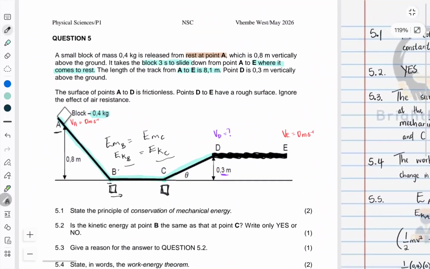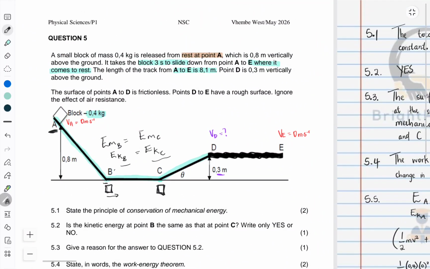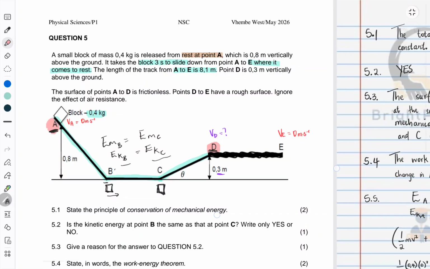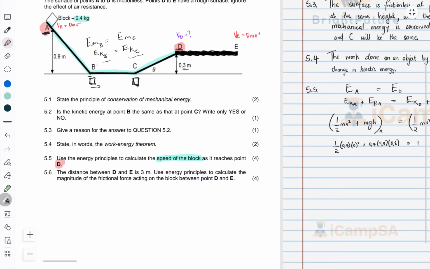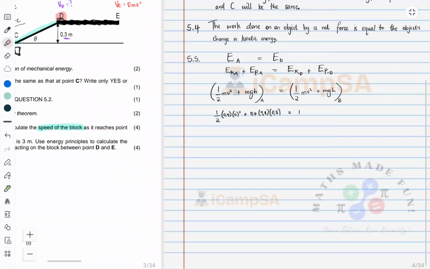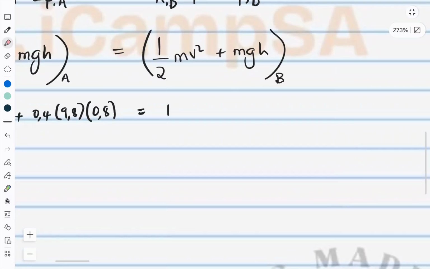So we are taking points, this one and that one. Let me highlight them for you. Points A and D. We are interested in those two, okay? So that's what the question wants, points A and D. So it wants the velocity or the speed at point D. All right, so let's do it.